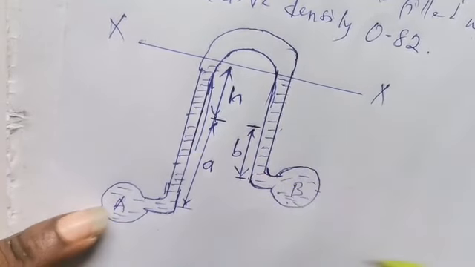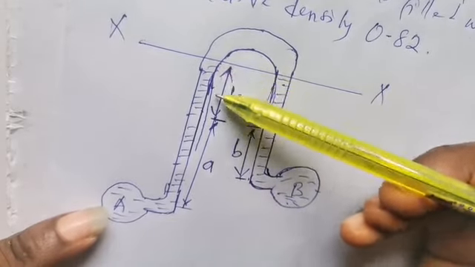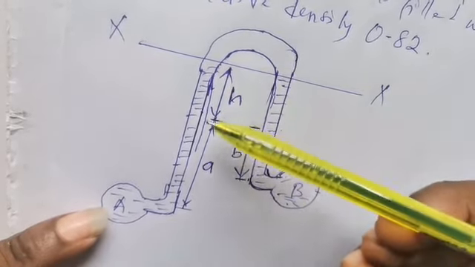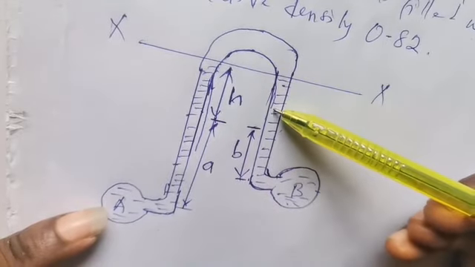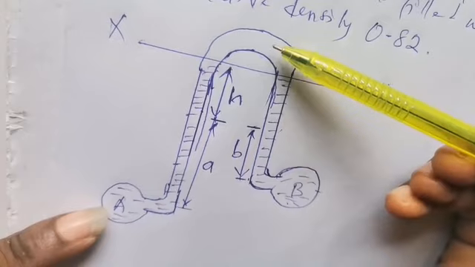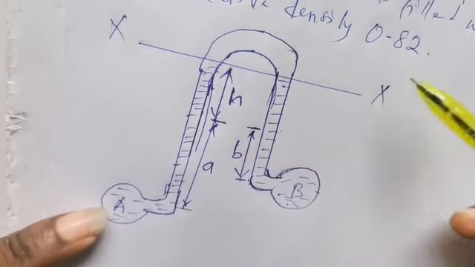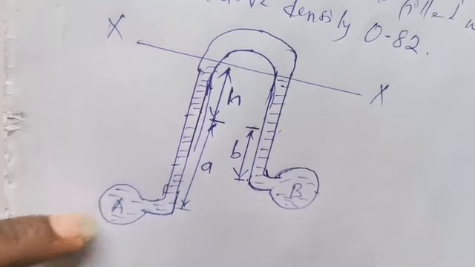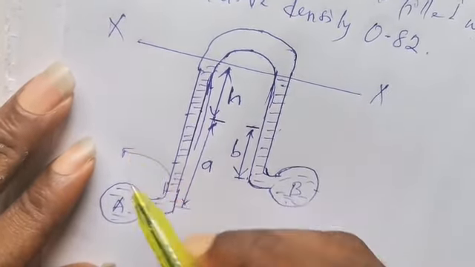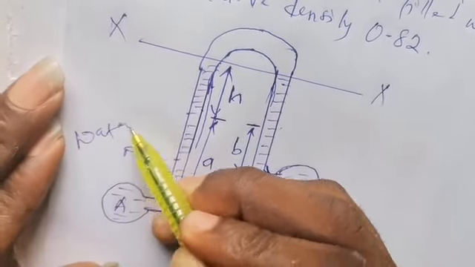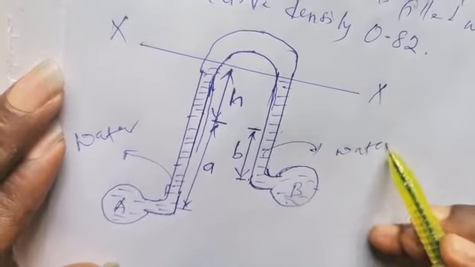Now, on top of the manometer is this other height, H. And what is in this other pipe is both air and a liquid of relative density 0.82. So it means that what we have in the pipe itself is water. What we also have in this other pipe is also water.